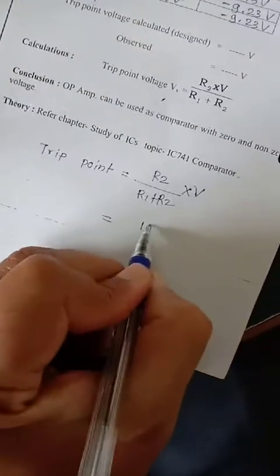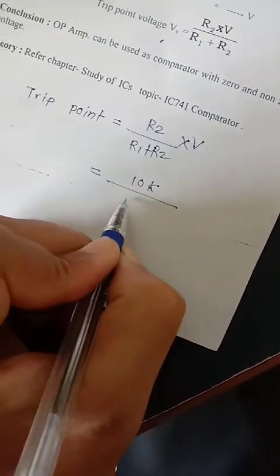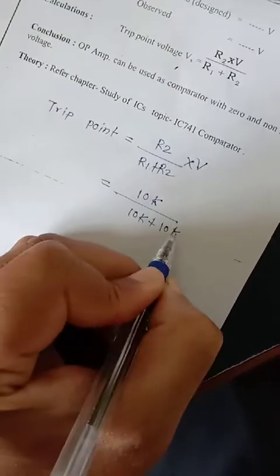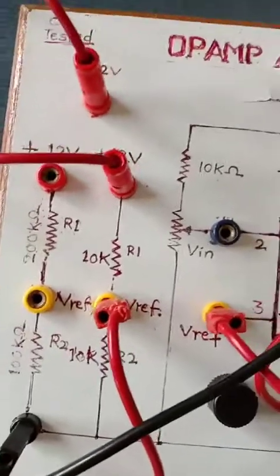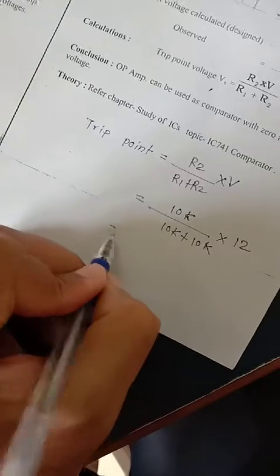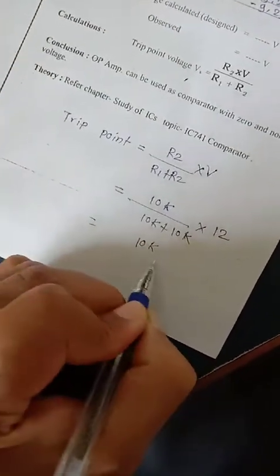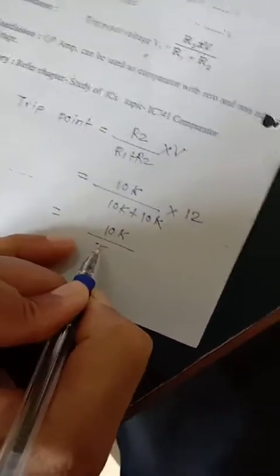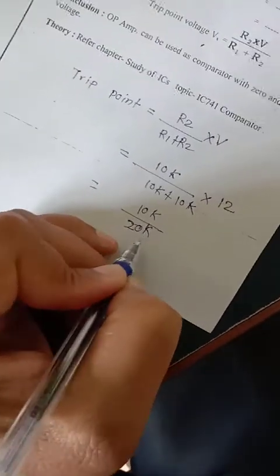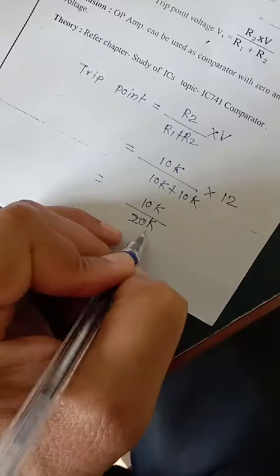So trip point is equal to R2 divided by R1 plus R2 into V, that is 10k divided by 10k plus 10k into V, where the applied voltage V is plus 12 volt. That is 10k divided by 20k into 12.